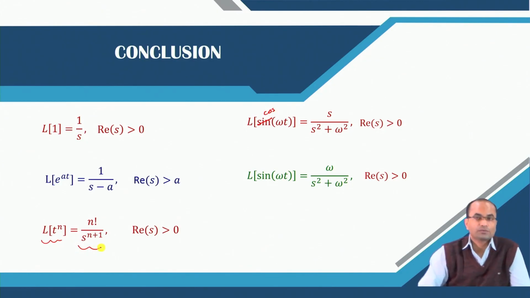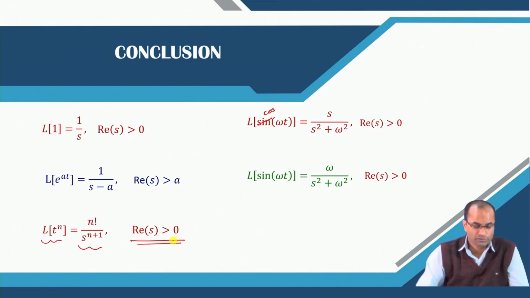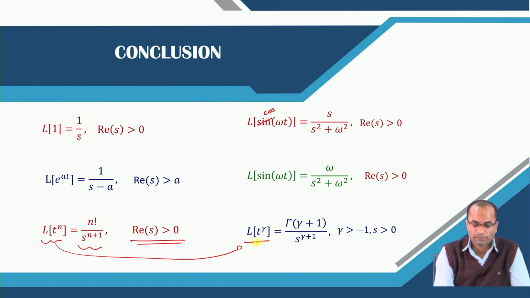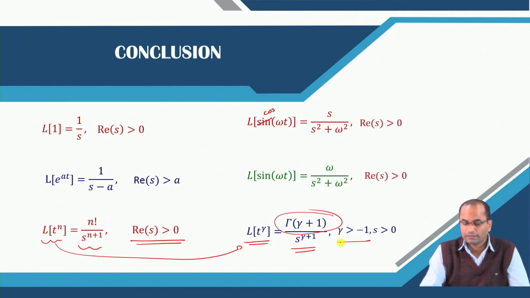Then we have the Laplace of t power n, that is factorial n over s power n plus 1, and this is valid for real s positive. This was generalized later on to give the Laplace transform of t power gamma as gamma of gamma plus 1 over s power gamma plus 1, valid for gamma greater than minus 1, and for s positive this Laplace transform exists.